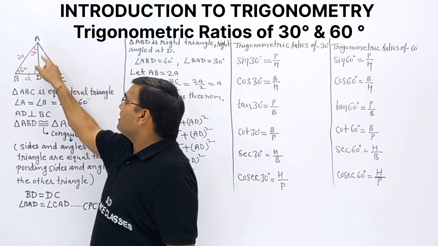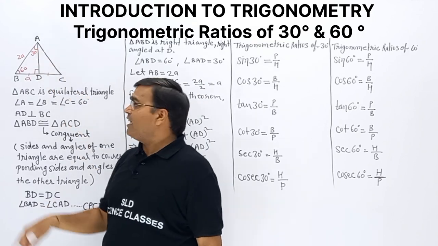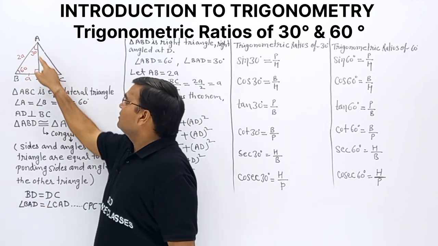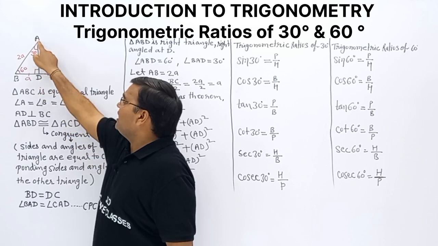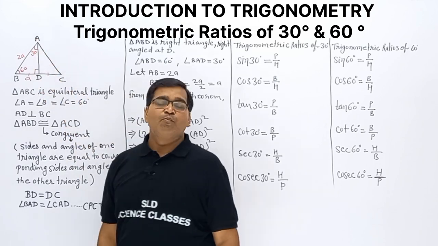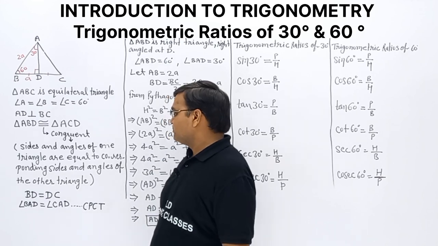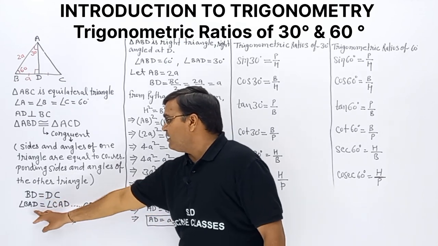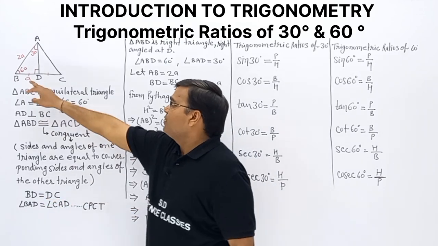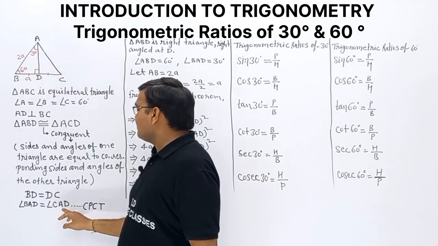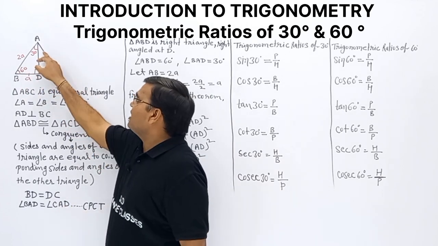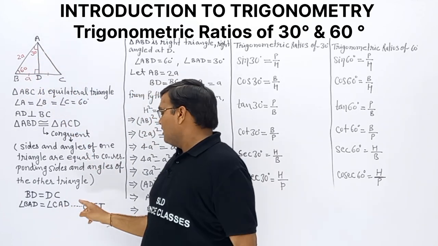And this line is bisecting this angle. Then angle BAD and angle DAC, both will be equal. Clear? So BD equal to DC, and angle BAD and angle CAD will be equal.